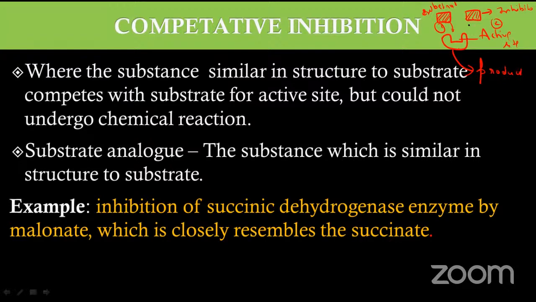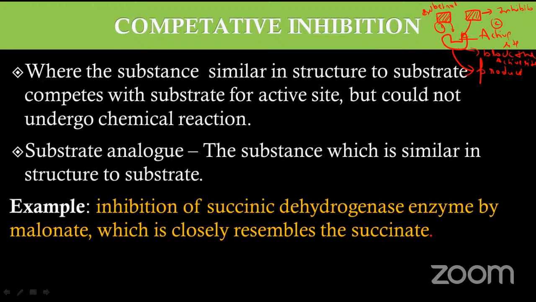But when the inhibitor comes and binds, it blocks the active site. Now the inhibitor sits on the active site, so the substrate does not have a place to sit in the active site, right? That is what we call competitive inhibition. Both the substrate and the inhibitor are competing for the same active site.